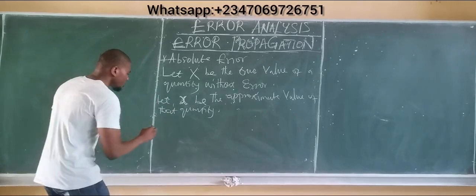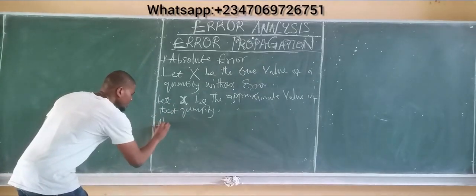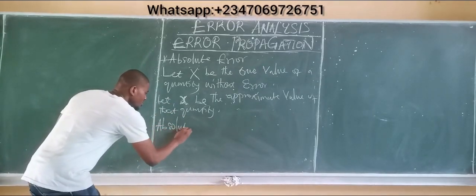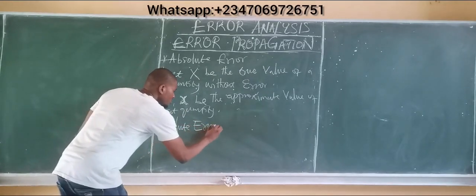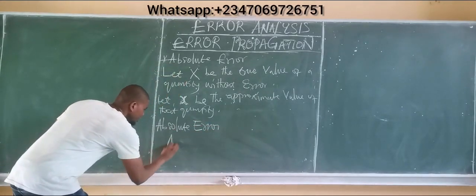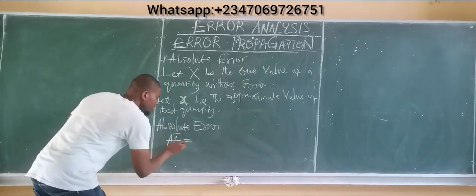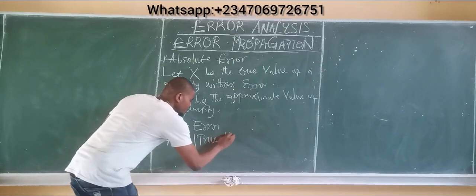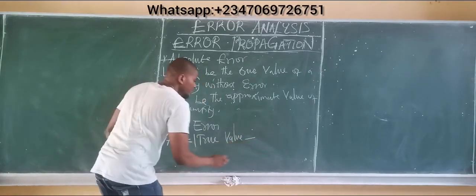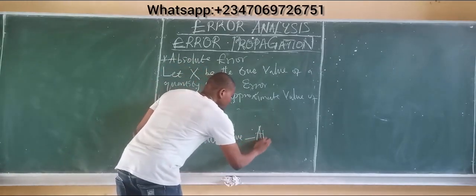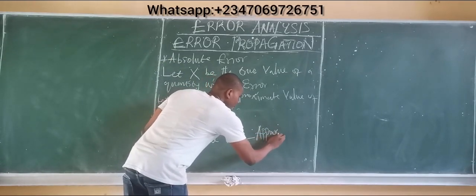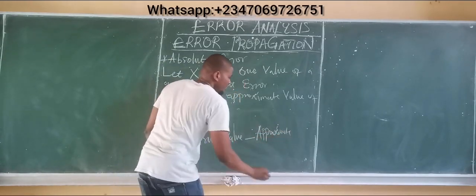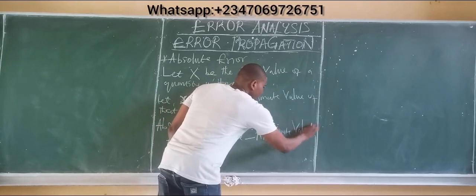Now, the absolute error, which is AE, is simply going to be equal to the modulus of the true value minus the approximate value.